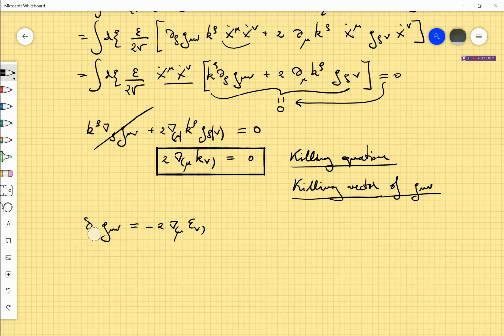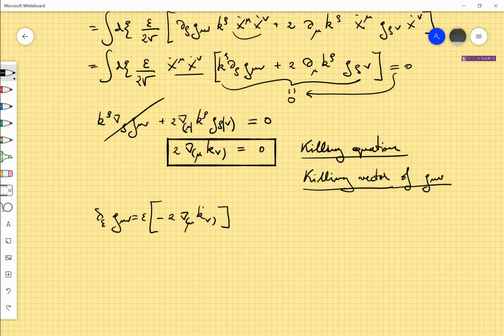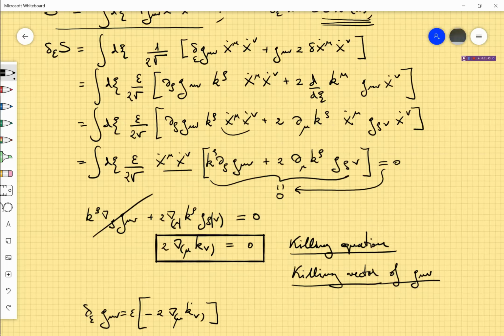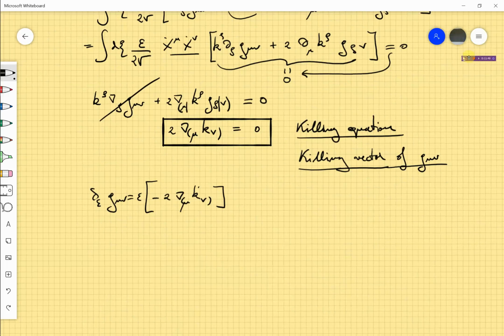So I can put epsilon as a common factor, and here this is K. So clearly, when K is a Killing vector, the metric is invariant under a general coordinate transformation of this form. We say that this coordinate transformation is generated by this vector field. So we can say that this is 0 for general coordinate transformations generated by Killing vectors.